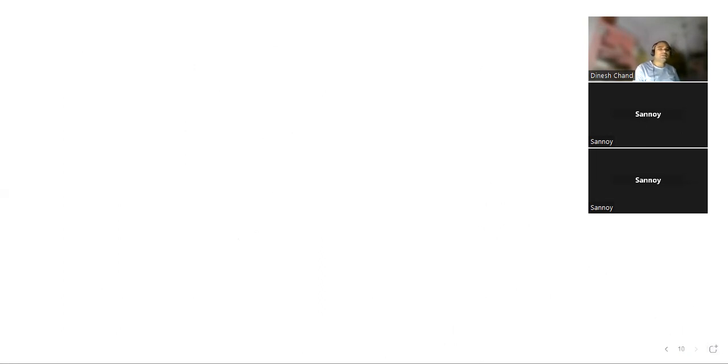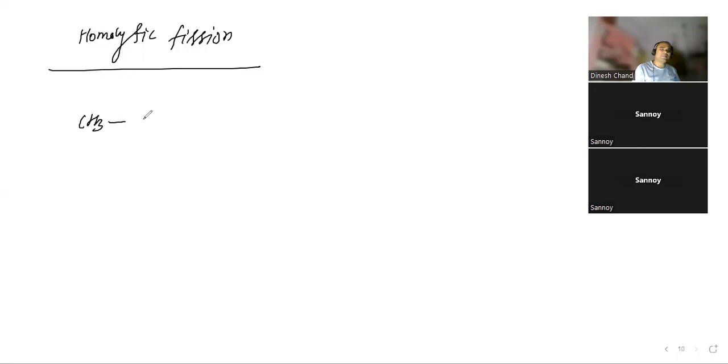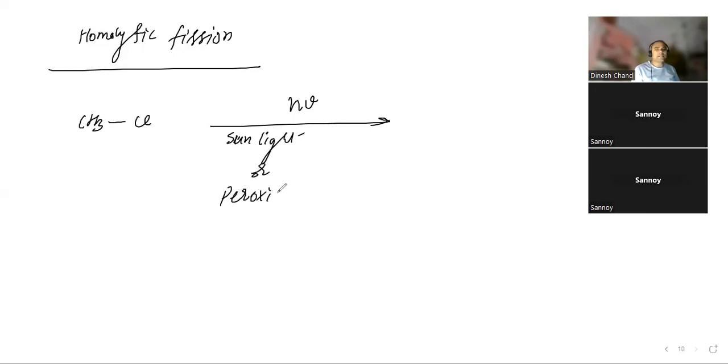Here we are taking homolytic fission. Suppose we have a compound CH3-Cl, and you need to give sunlight. In the presence of sunlight or peroxide, homolytic fission takes place. Two conditions are there: either you supply sunlight or you supply peroxide. There is no other condition.